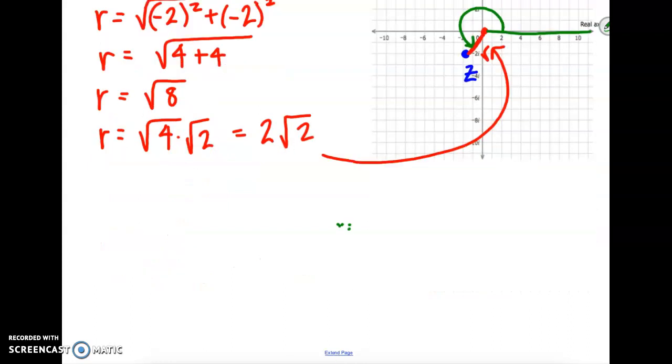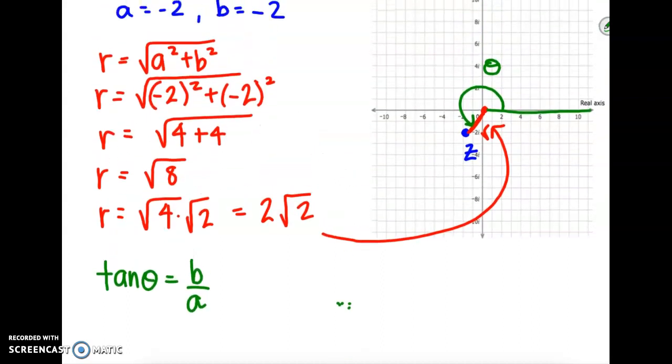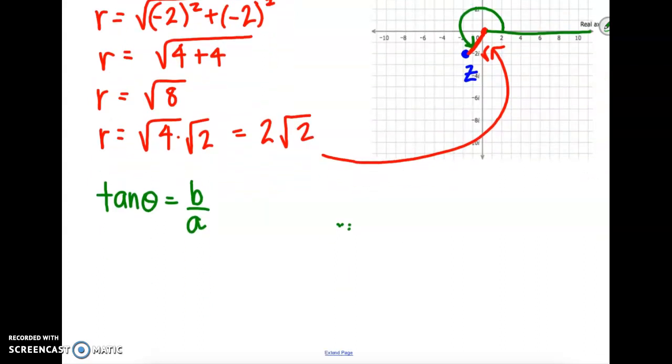There we go. Back to our graph, this is our B value, -2, and there's our A value, -2. So the tangent of theta, when we substitute the B and the A in, is -2 over -2, which reduces down to +1.